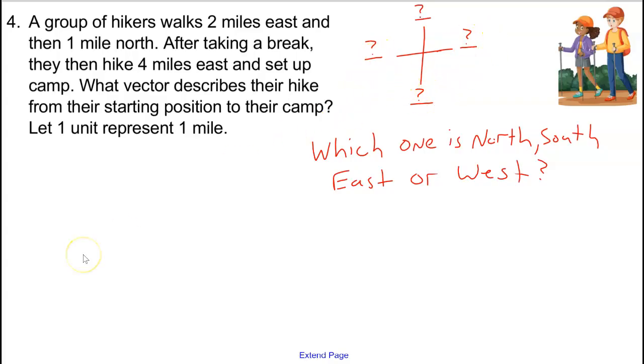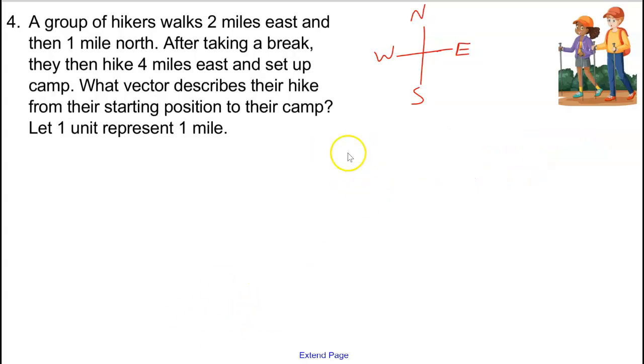I'm going to give you a minute to do that. Okay, you should get this: north, south, east, and west.